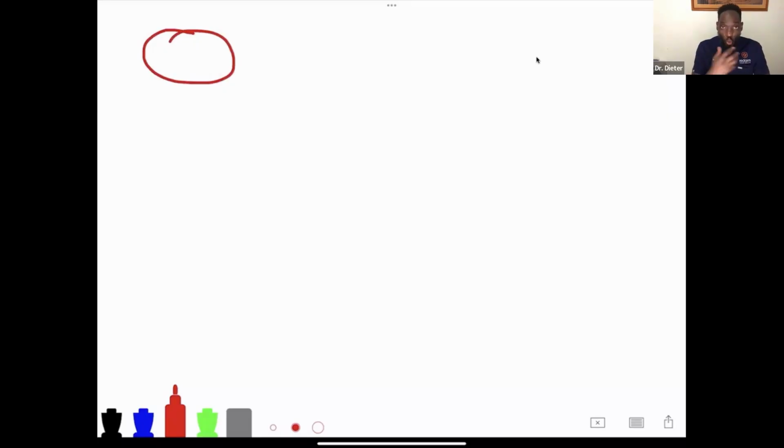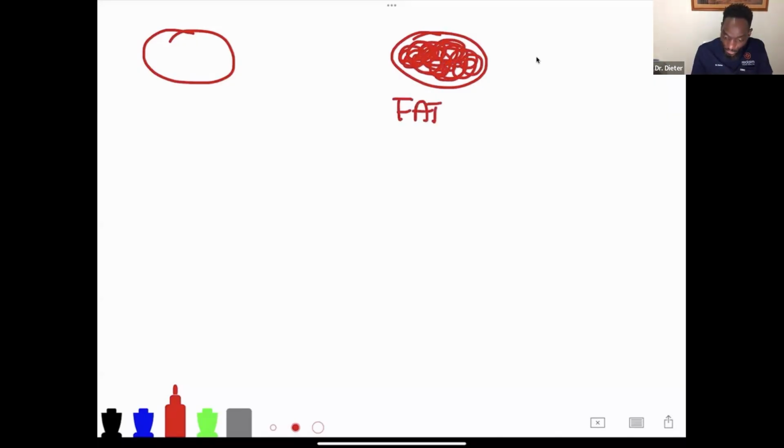You consume way more calories than you're supposed to. The excess of those calories now gets converted into fat. I'm going to do a replica of this cell. The body now takes that fat and stores that fat and lumps that fat into this cell like this.